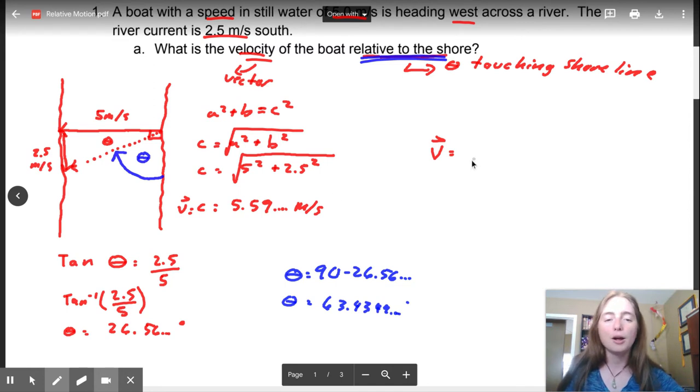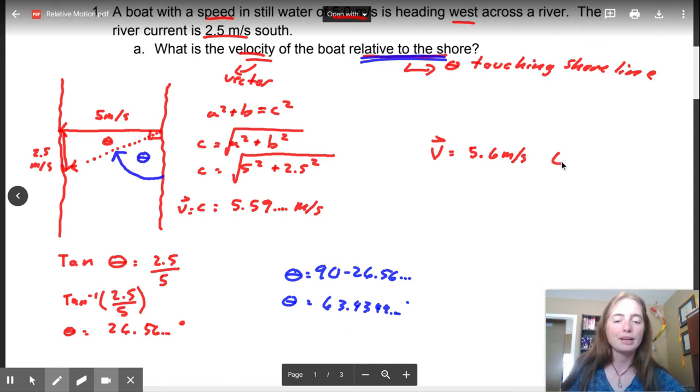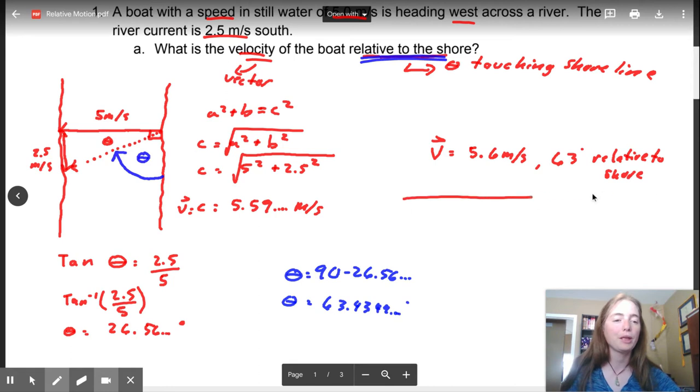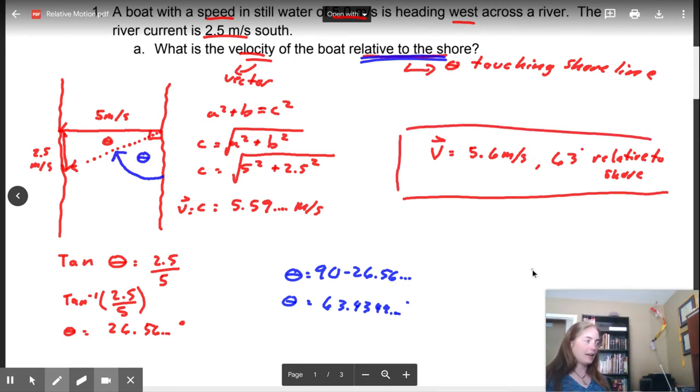So we've got 5.6 meters per second at 63 degrees relative to the shore. Okay. Now, because I said relative to the shore is what I want, that is how you can communicate your answer, because that's what you've given me.